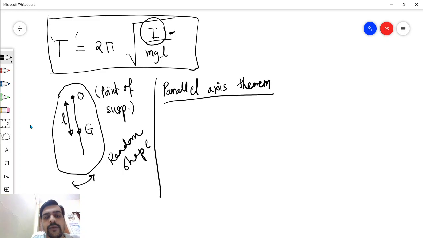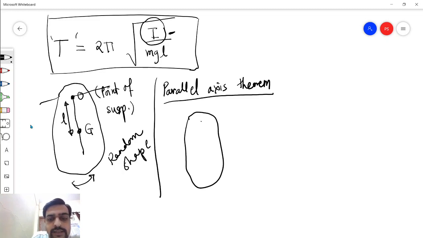According to this theorem, we assume that there is an imaginary axis passing through point G, which is the center of gravity, and let us call Ig as the moment of inertia of the same body about an axis passing through G. Now we have a relation between these two moments of inertia I and Ig.